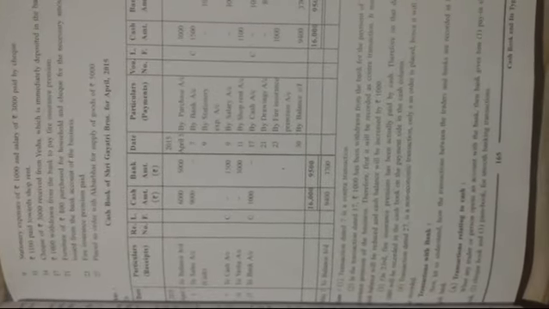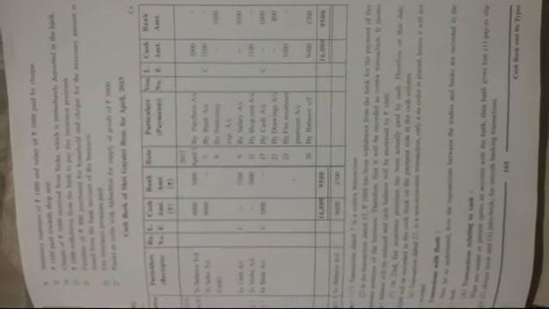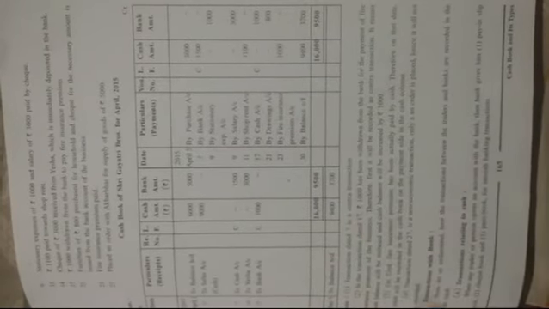Then the next is 23 April, fire insurance premium was paid. You all know the premium was 1000 earlier, and the insurance premium amount is always the same, therefore you have to consider that 1000 has been paid. So cash balance is decreasing, cash is going out of the business, therefore 23 April, by fire insurance premium account 1000.